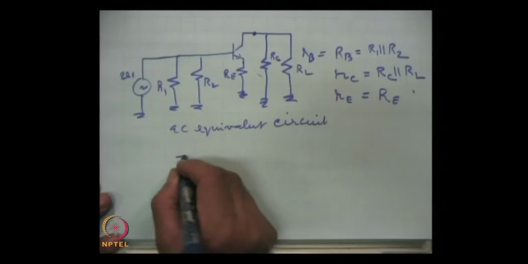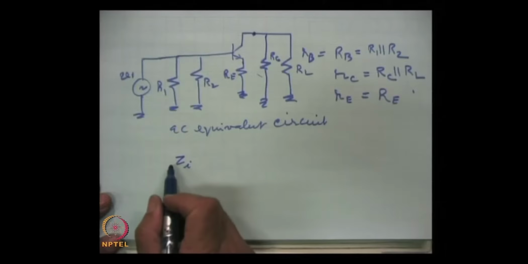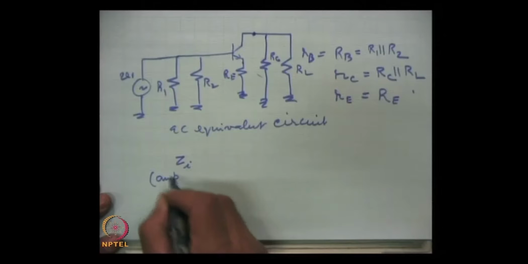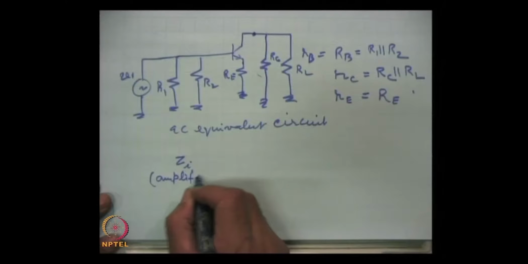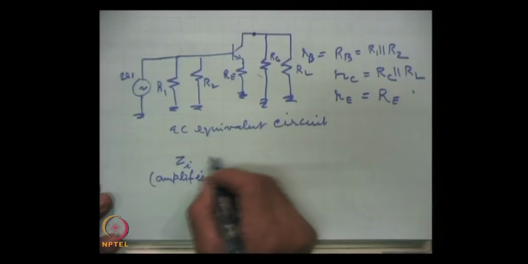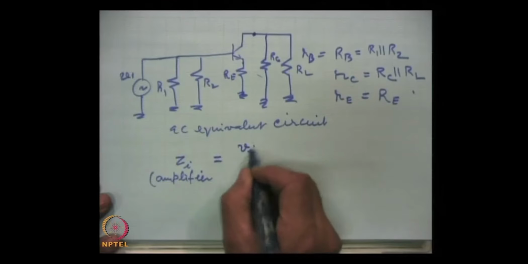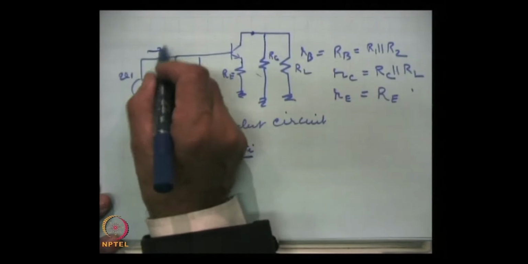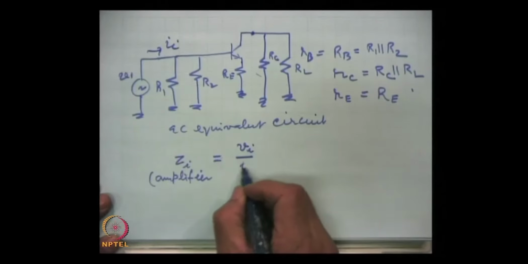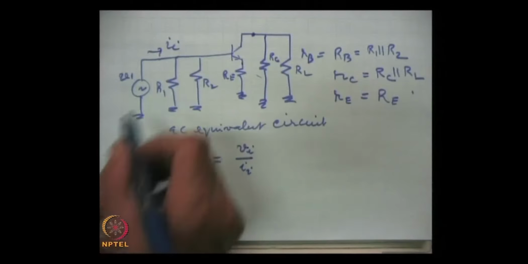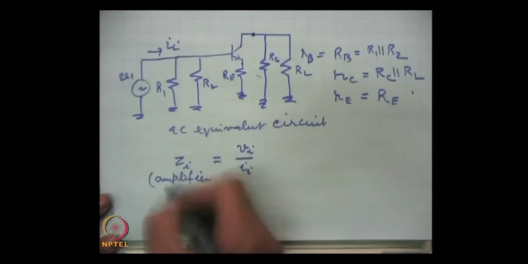So, Z for impedance, i for input, this is for the amplifier, and this we can define by Vi by the current Ii, the ratio of this, that will be the impedance here.